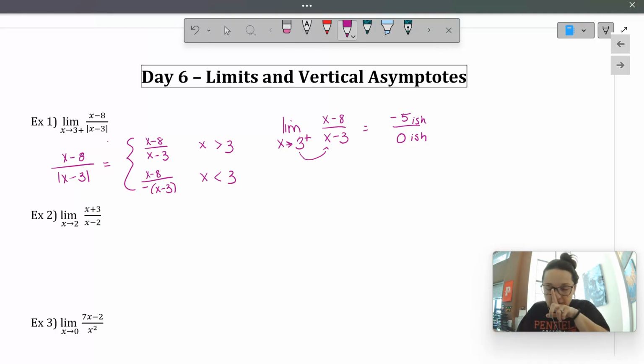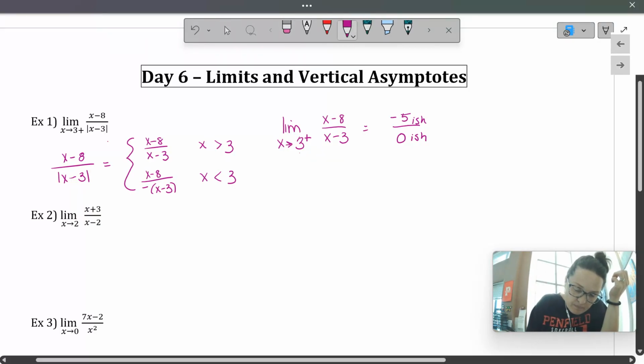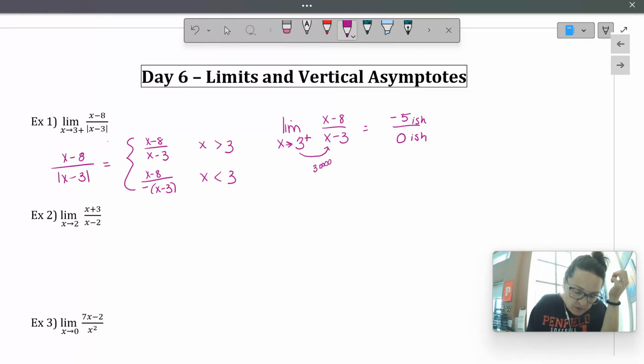And so I'm going to say, wait a second, 0-ish, is that a little bit more than 0 or a little bit less than 0? If I come at 3 from the right and plug it in, I have something like 3.00001. And 3.00001 minus 3 is heading towards 0, but it's actually a little bit bigger than 0.